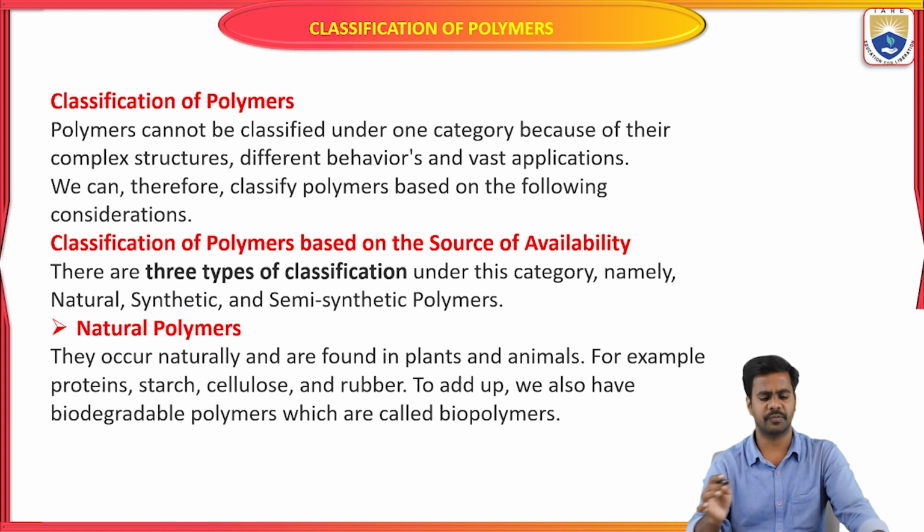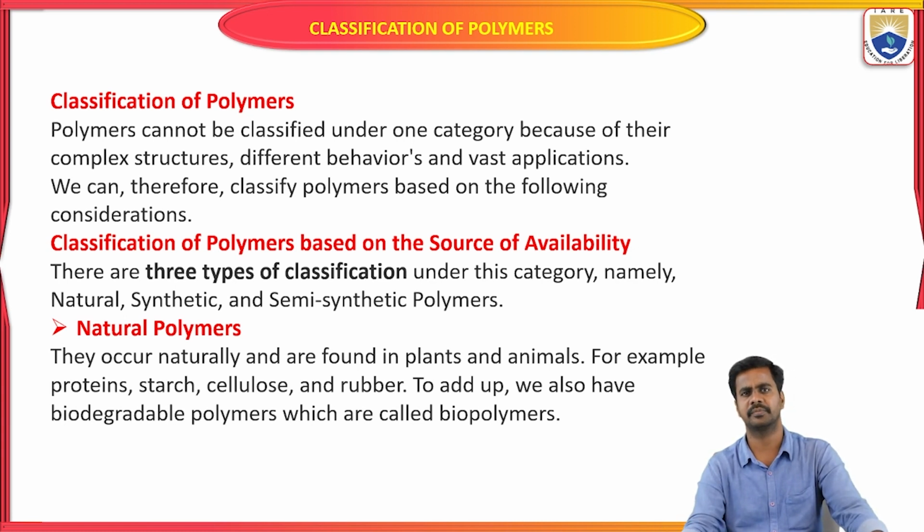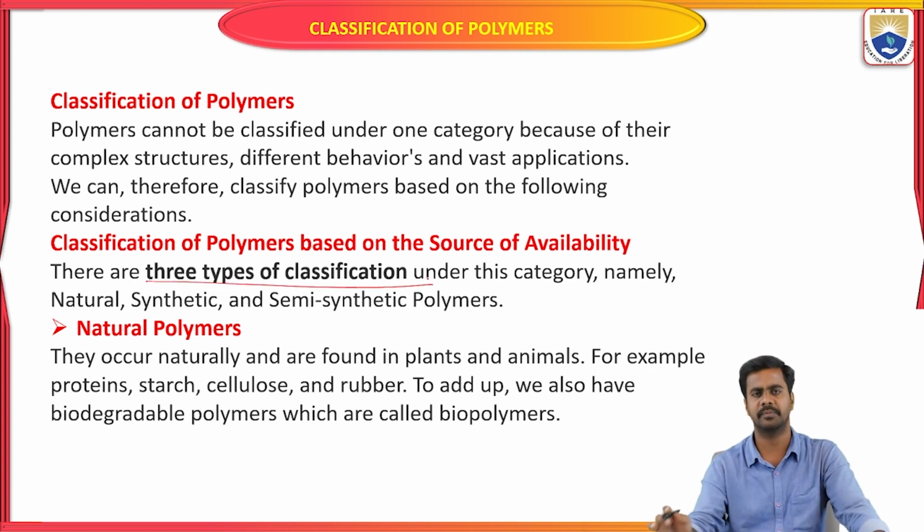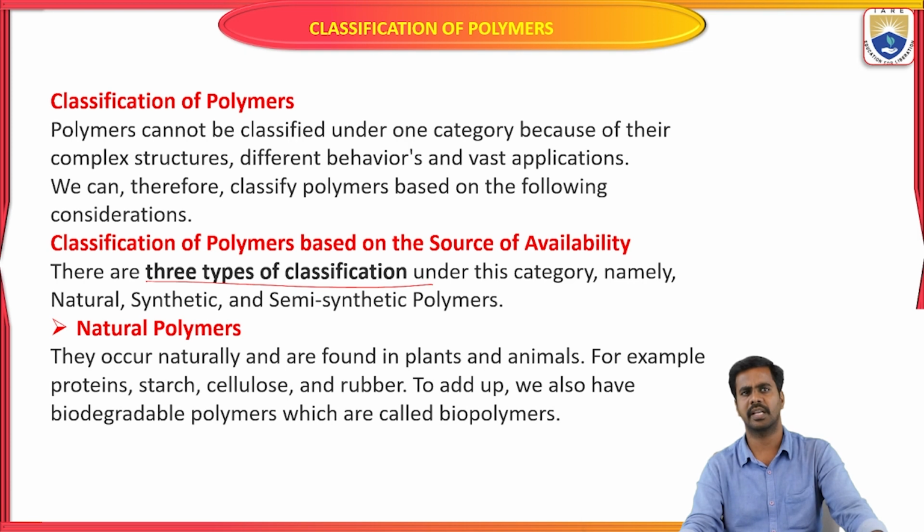Let us see the first type of classification, which is based on source of availability. On the basis of source of availability, polymers are classified into three types: natural polymers, synthetic polymers, and semi-synthetic polymers. Let us see one by one.